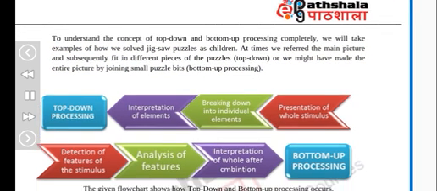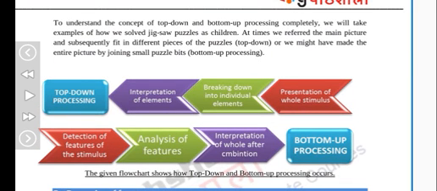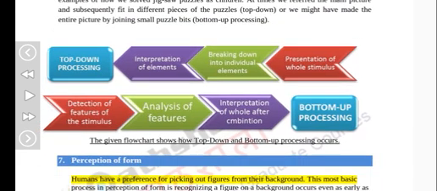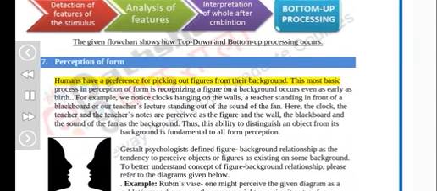7. Perception of form. Humans have a preference for picking out figures from their background.